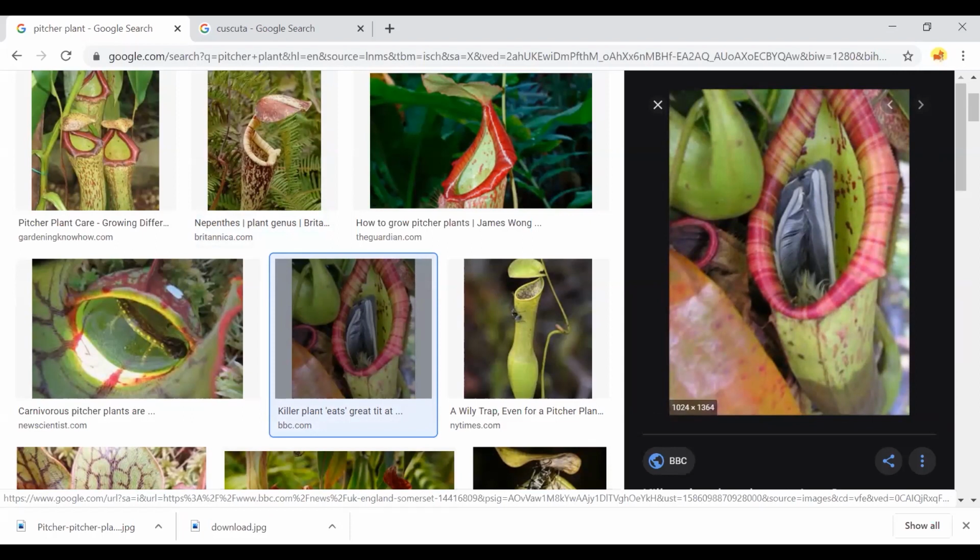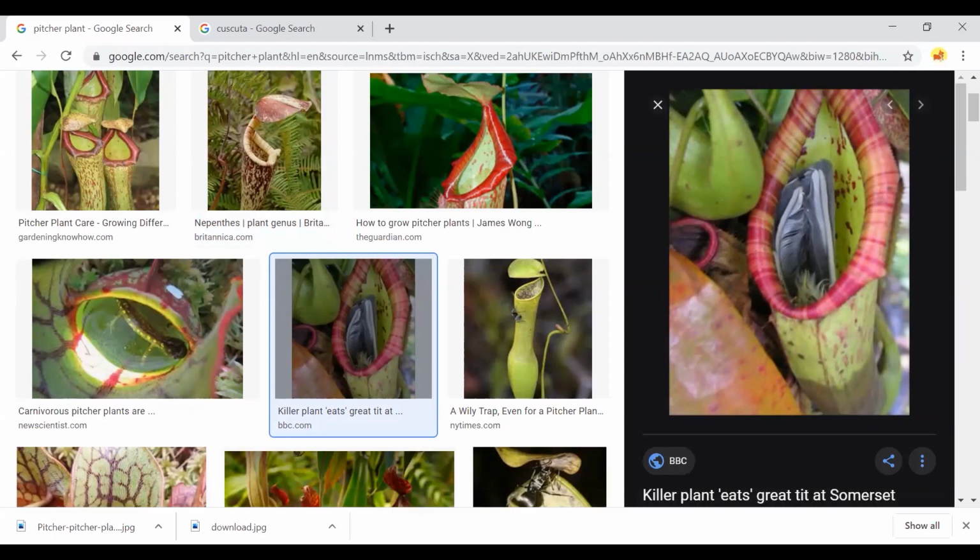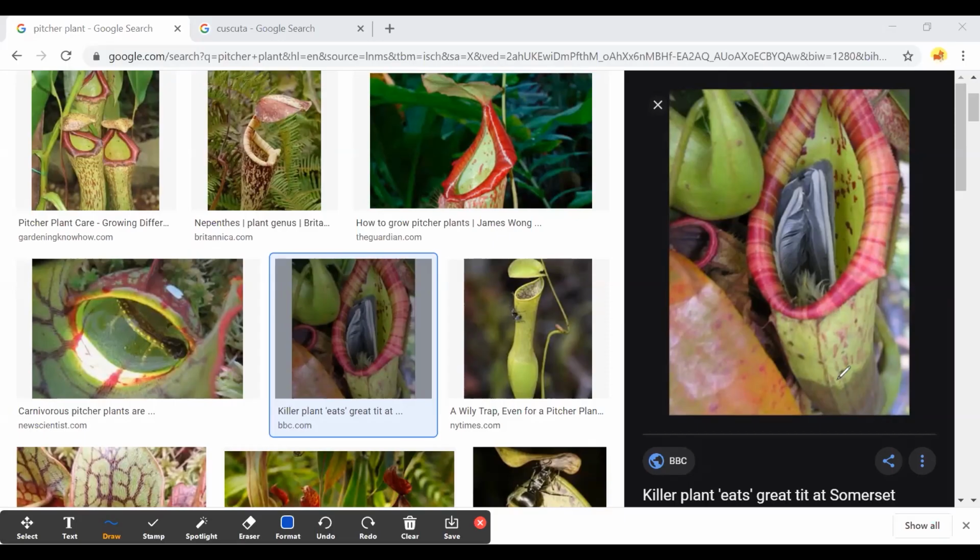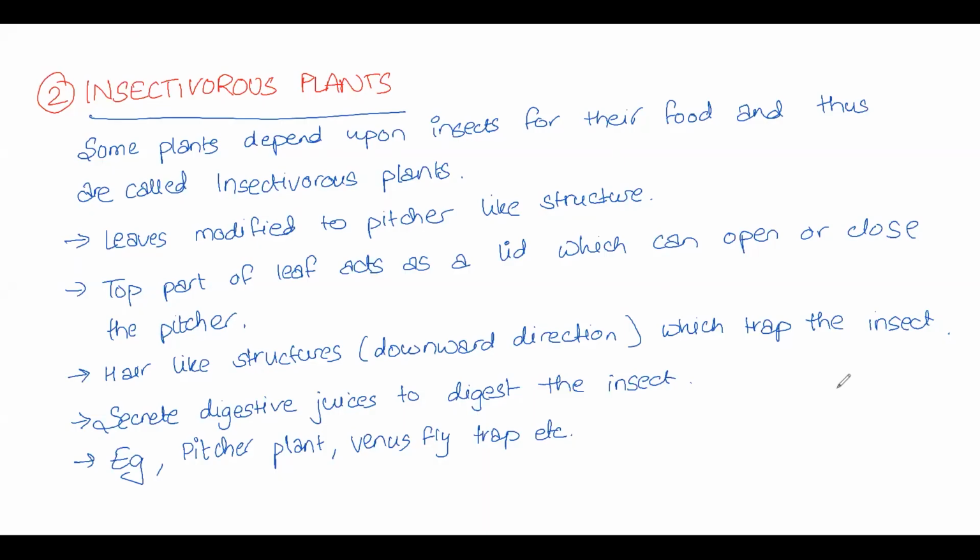So now you know both the things we discussed, the parasitic plants and the insectivorous plants. No doubts? Now you have seen the images also. Shall we move ahead with the next?